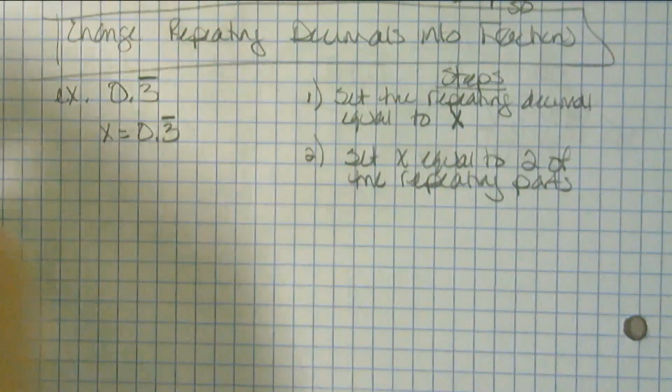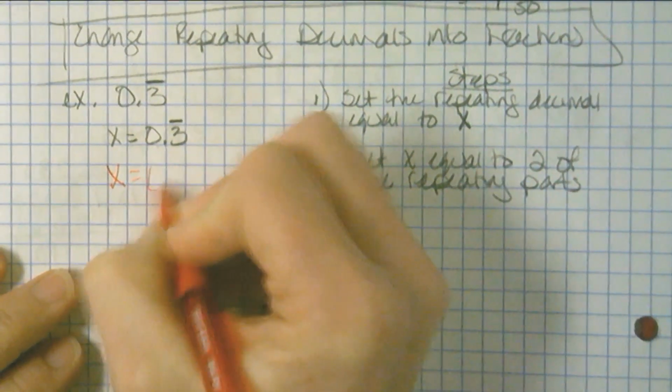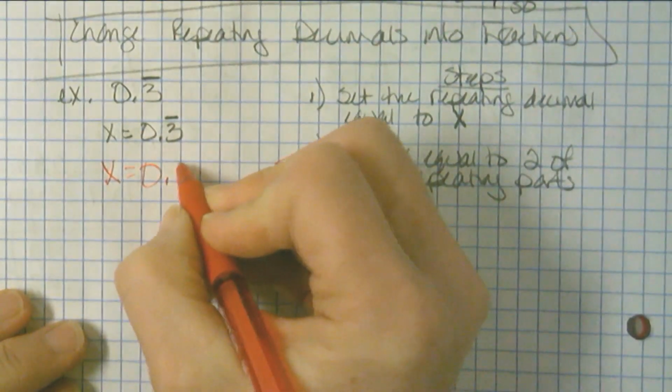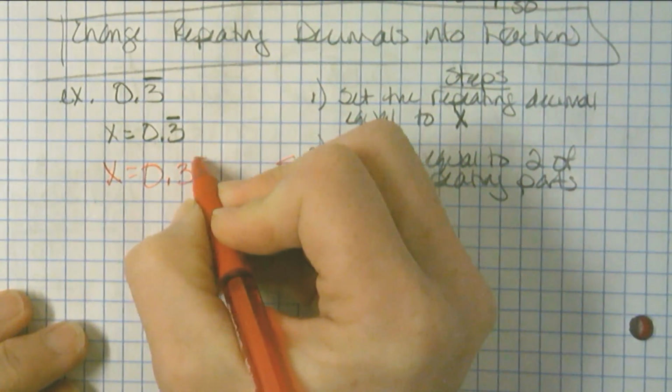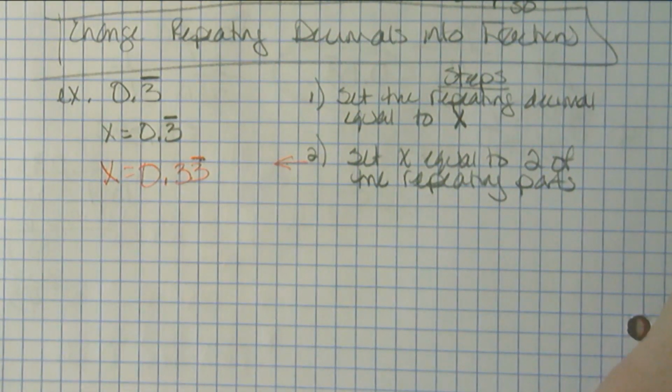I know that seems weird, so I'm going to do this in a different color so you know what I'm talking about. So I'm going to say x is equal to, so I'm just going to add a repeating part on there. Isn't 0.3 repeating the same thing as 0.33 repeating? Can I show 2 of them? How many of you guys are okay with that? So 0.3 repeating is the same thing as 0.33 repeating. So I'm showing 2 of our repeating parts. Are you guys good with that so far?